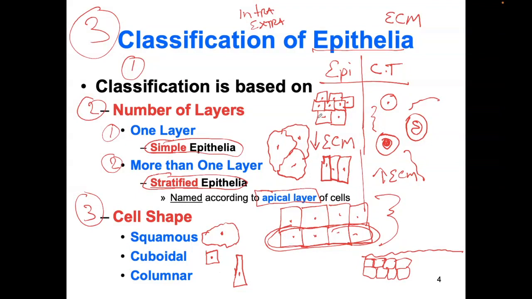Those are the three that I drew up here too, right? I drew three different types. These are ice cubes, these are cuboidal. These are flat, irregularly shaped, these are squamous. And these are the tall columns, so we call them columnar, right? So we have three basic shapes of cells.